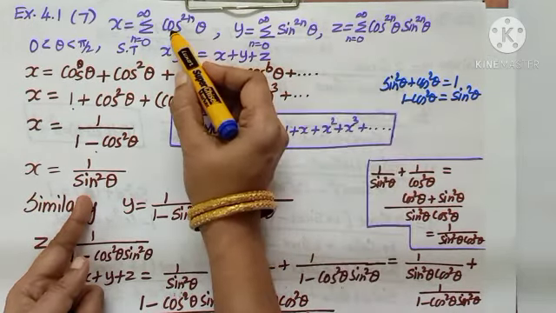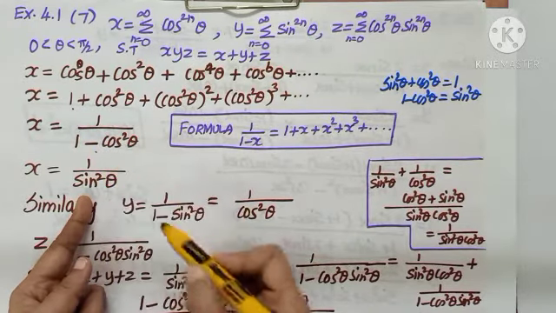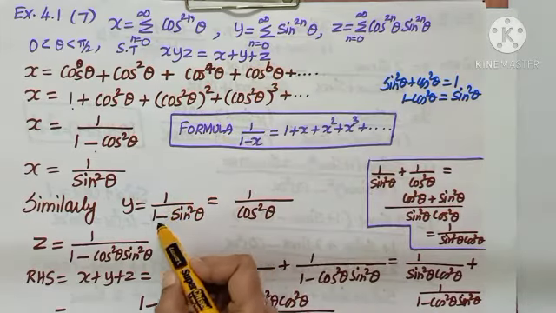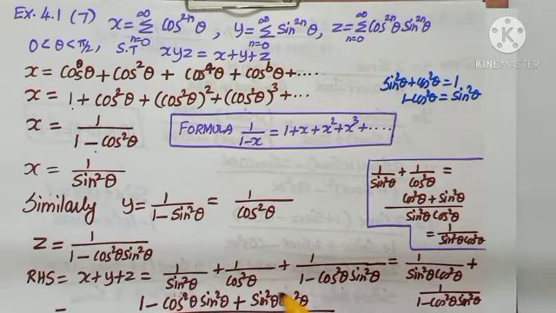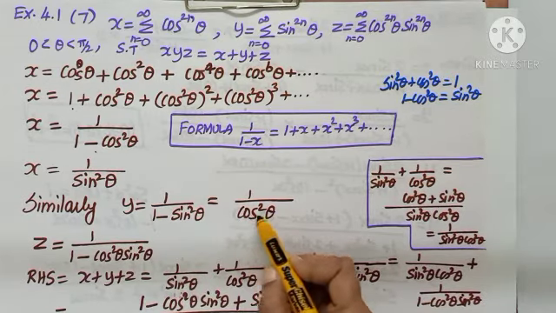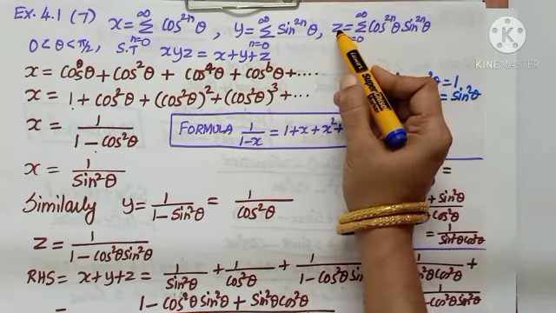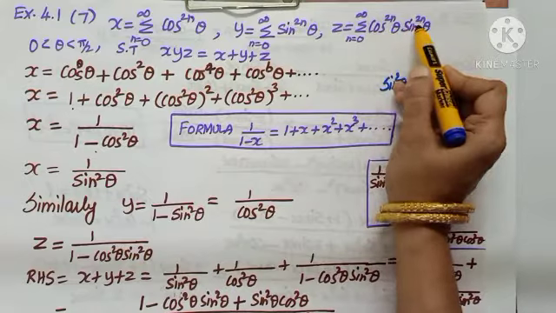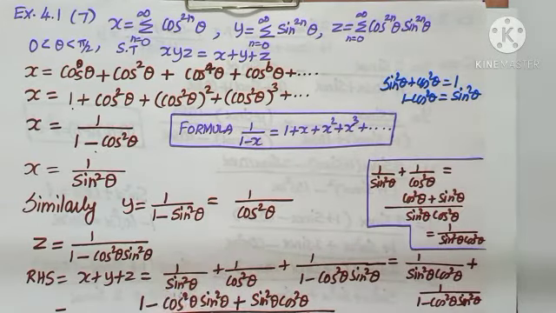When it is cos, my answer is 1 minus cos square in the denominator. When it is sin, my answer will be 1 by 1 minus sin square theta, and 1 minus sin square is cos square theta. Same pattern, what would be z? 1 by 1 minus the product of the two terms, cos square theta, sin square theta.